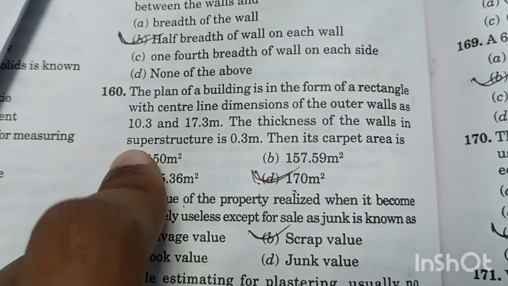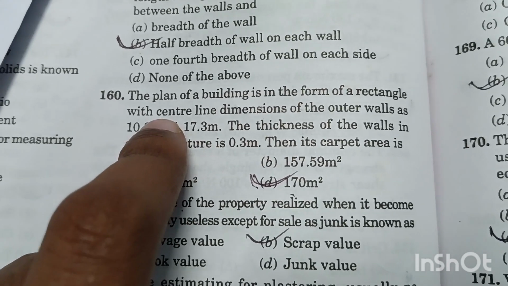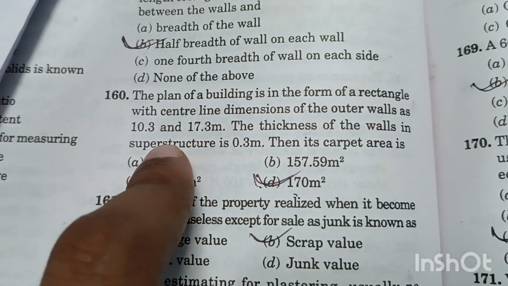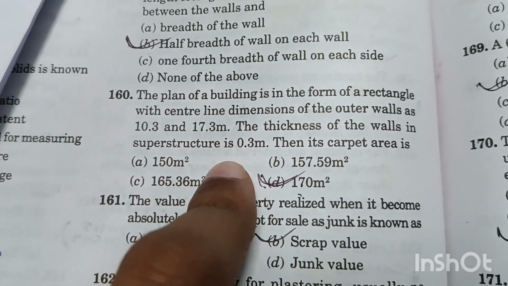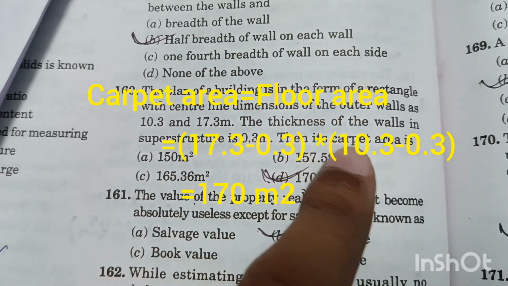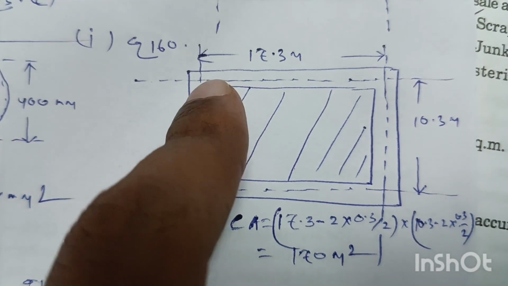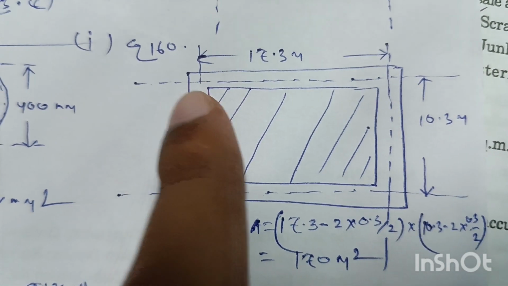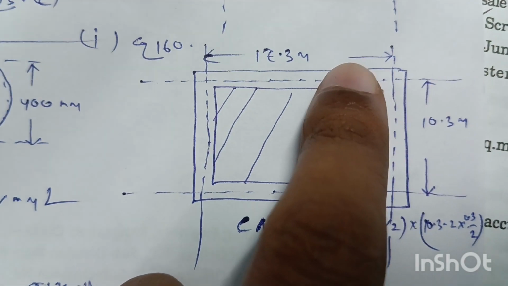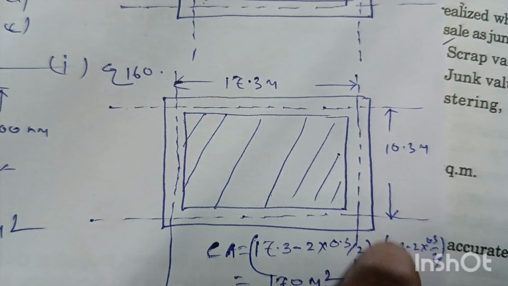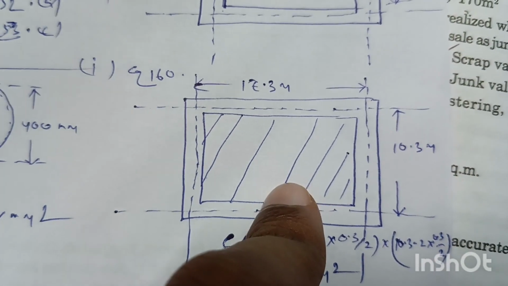Question number 160. The plan of a building is in the form of a rectangle with center line dimension of the outer walls as 10.3 and 17.3 meter. The thickness of the wall in superstructure is 0.3 meter. Then its carpet area is. So center line dimension is given of this rectangular plot, from here to here 17.3 meter and from here to here 10.3 meter. So we have to determine the carpet area.